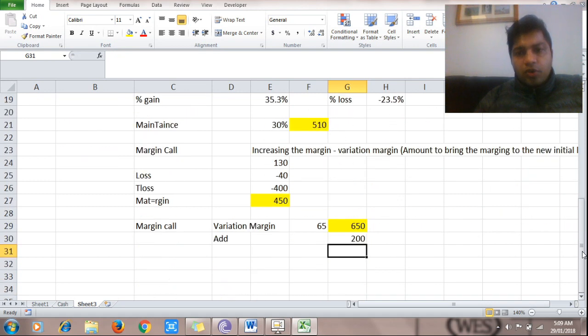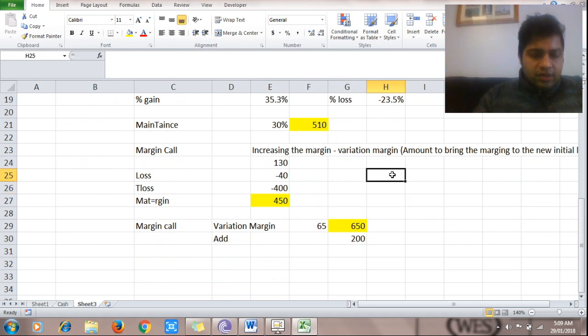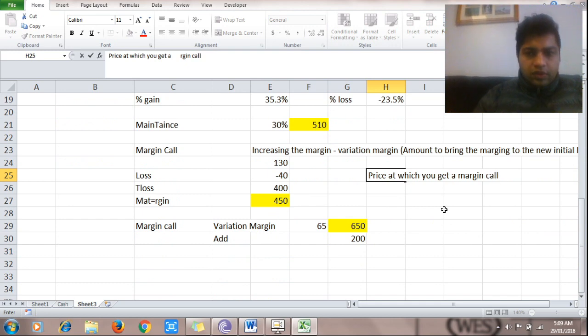The last point, there is a formula that you can be asked in the exam. That formula is the price at which you get a margin call in a margin buy trade. So, there is a formula for that.